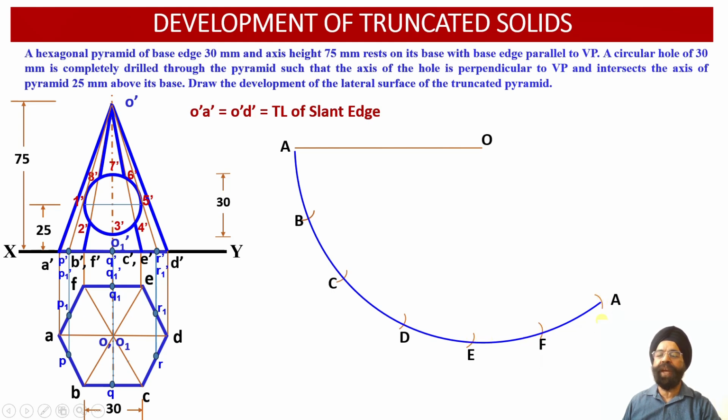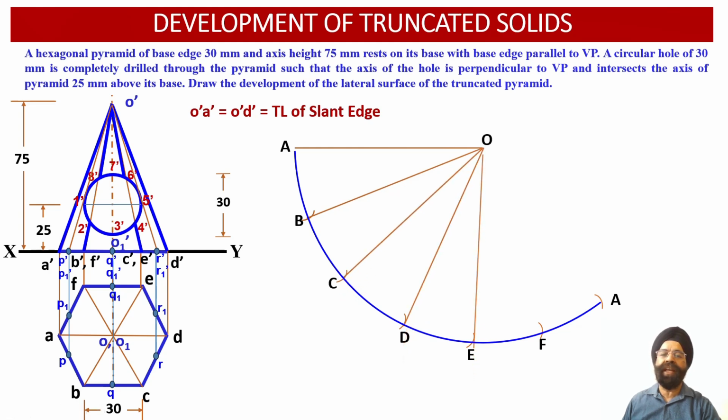EF and FA. So the 6 arcs we have drawn so that we can obtain 6 edges of the base over here. So having obtained all the base points into the development view, now we can join all the slant edges over here. And then we can join the corner points so that the base edges we have appropriately obtained into the development surface view.